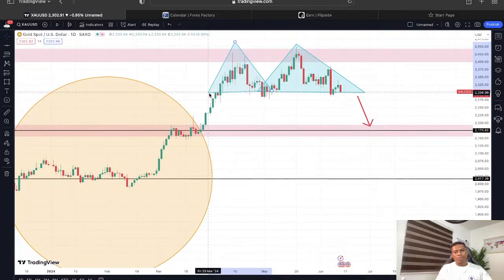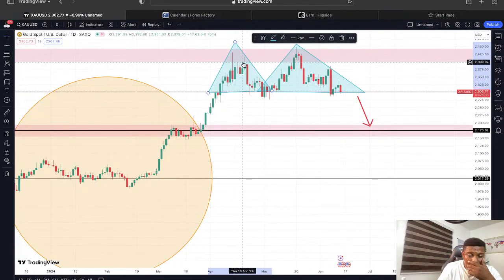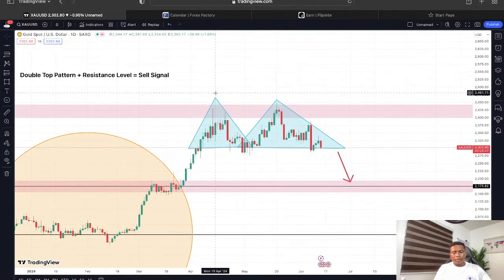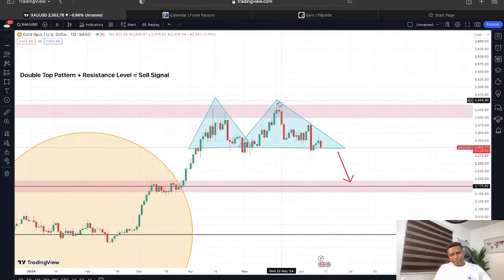So now that we've seen this, of course, how do you identify a double top? There's a head, another head, and then there is a shoulder, another shoulder here, and in the middle there is a neck. This middle part is the neck.